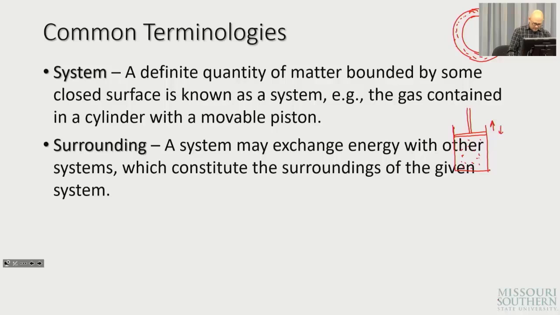Surrounding. So what's the surrounding? A system may exchange energy with another system, which constitutes the surrounding of the given system. So let's say we have atmosphere outside, and if this is not completely insulated, then the gas in this system can exchange energy as well as matter, okay, with the outer system or outer part.